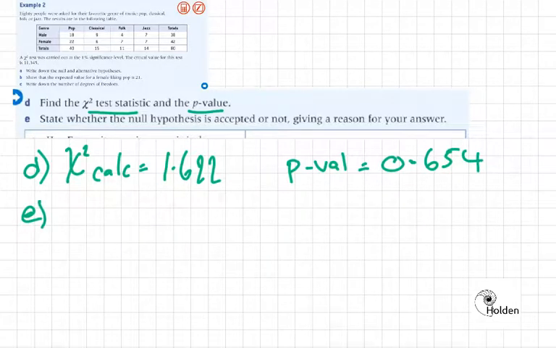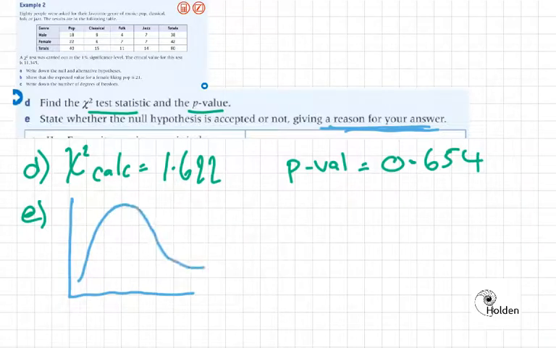E. State whether the null hypothesis is accepted or not, giving a reason for your answer. If you do not give a reason, you do not get any credit for this. So let's draw a chi-squared distribution. Earlier in the question we were given a 1% significance level, so we know that this area is 0.01.